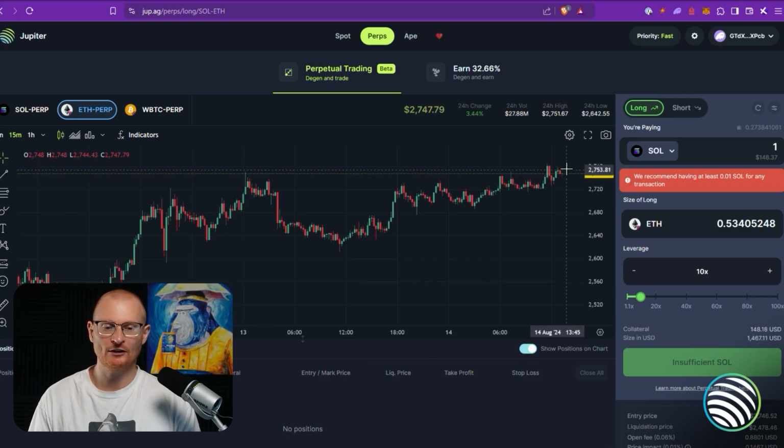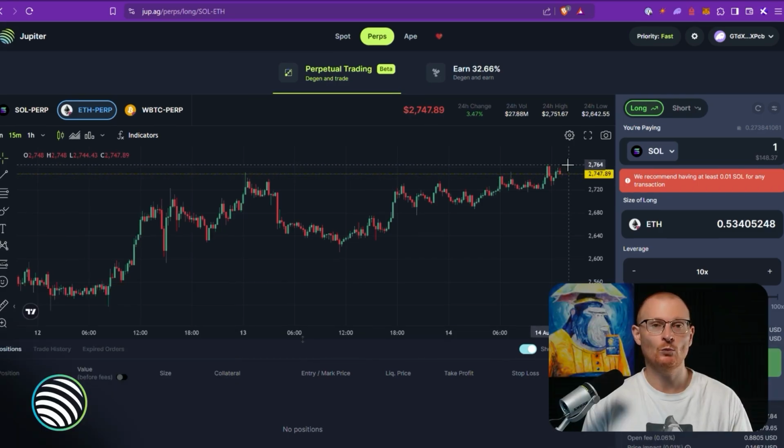If it goes up 1%, we're actually going to get a 10% increase in value. However, if it goes down 1%, we lose 10% of the value. And if it goes down 10%, then 10 times 10 equals 100, which means we would lose the entire one Sol.